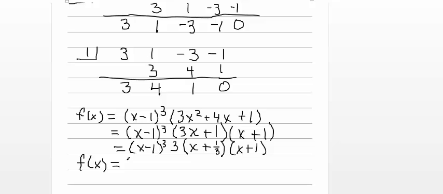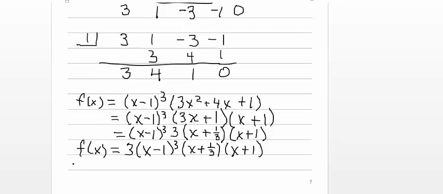So now I have f of x factored completely. I put the monomial factor first. 3 is the monomial factor times the cube of x minus 1 times x plus 1/3 times x plus 1 would be my complete factorization of the polynomial.